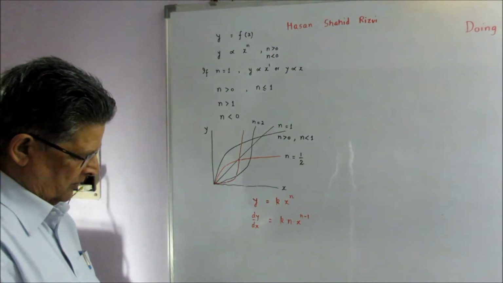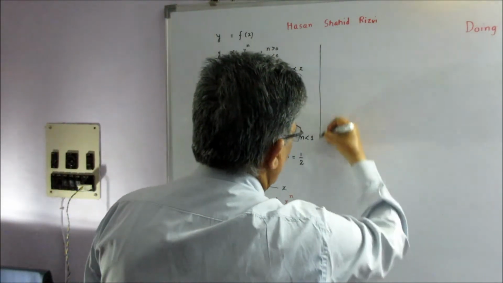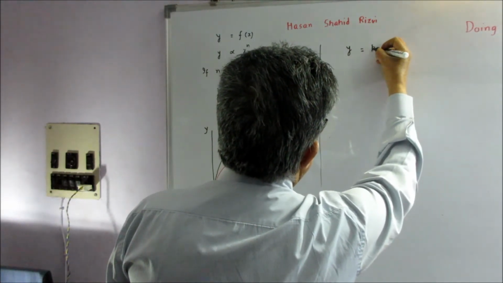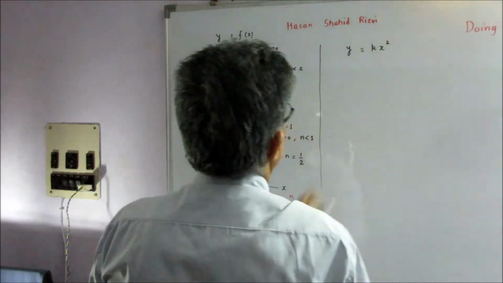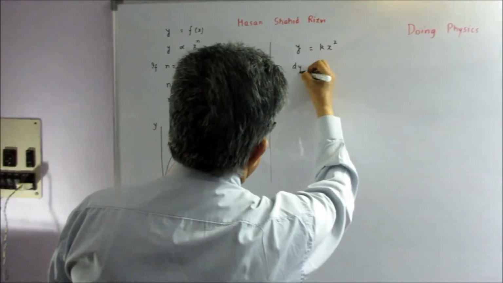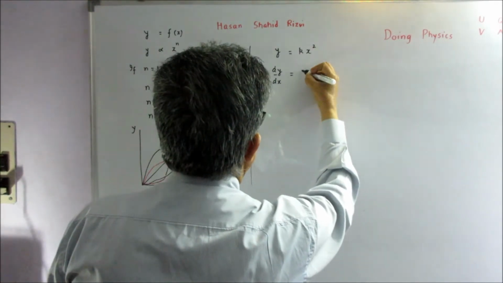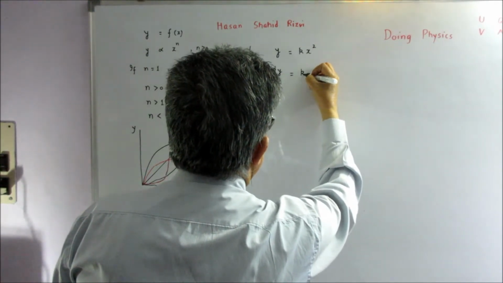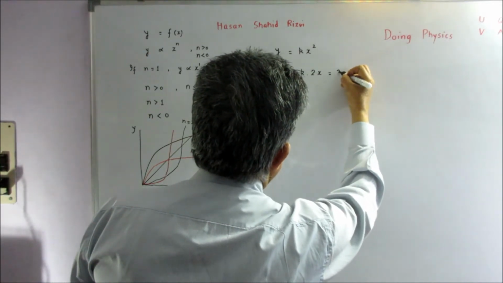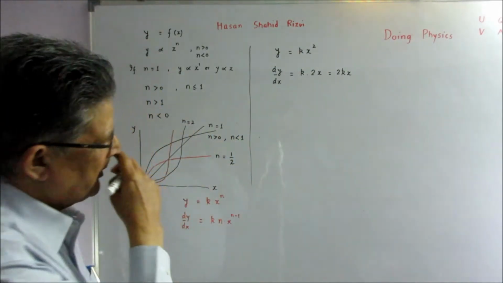Let us take, for example, y is equal to a constant times x square. Then dy dx or the rate of change of y with respect to x is equal to k into 2x, or one can write it simply as 2kx by manipulating the position of 2 and k.